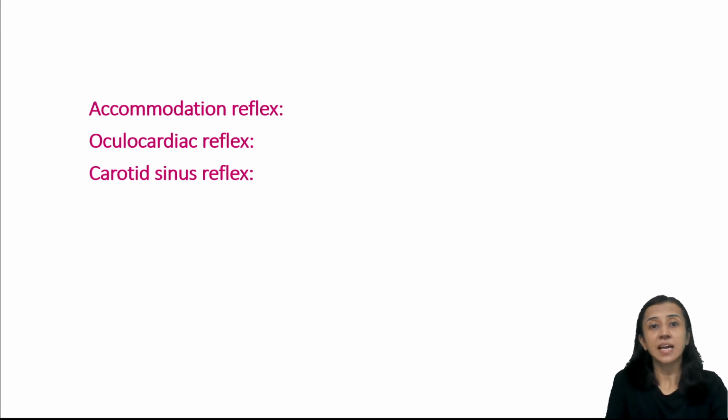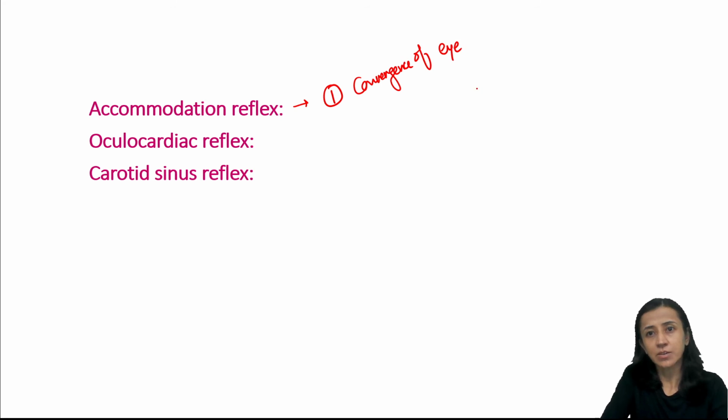Another reflex is the accommodation reflex. Ask the subject to look at a far object, then ask the subject to look at a near object. What would you see? One, convergence of the eyeballs, which is visible.